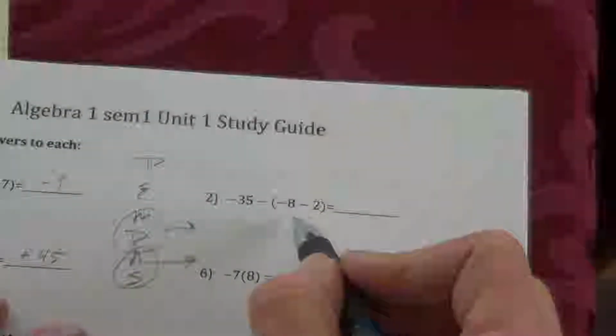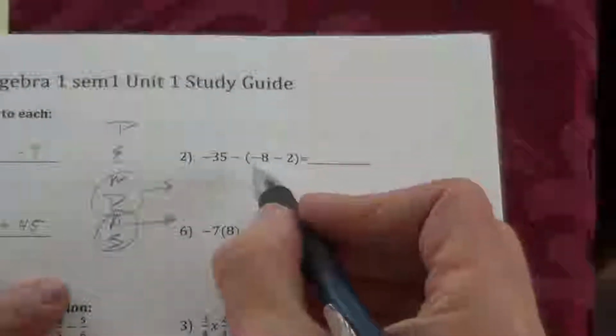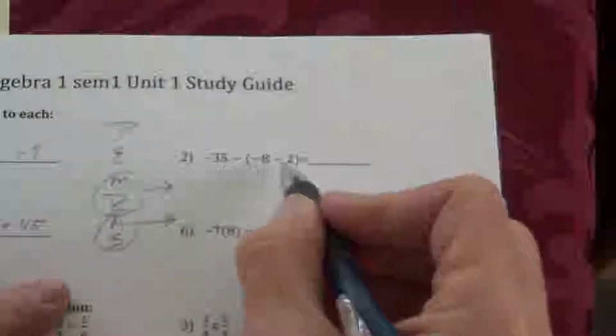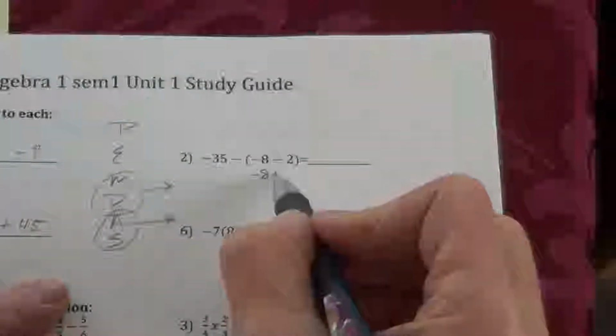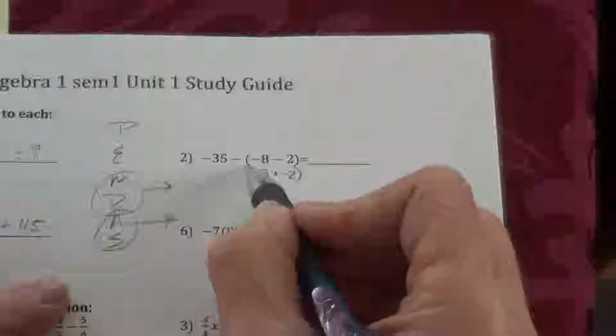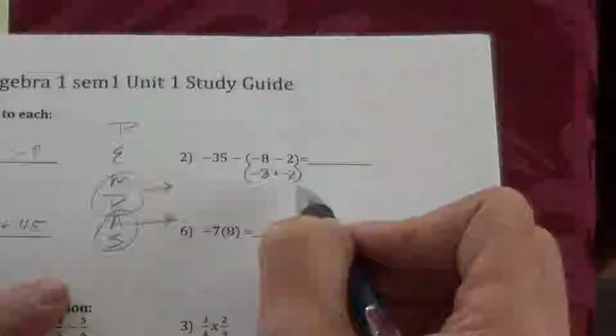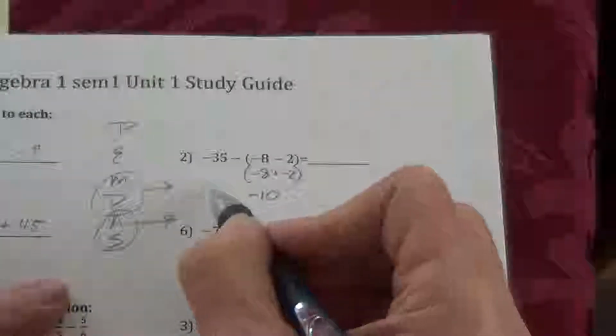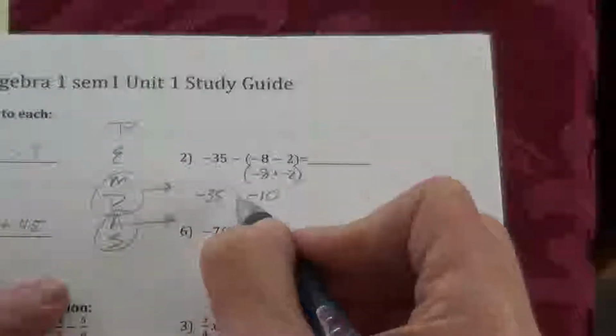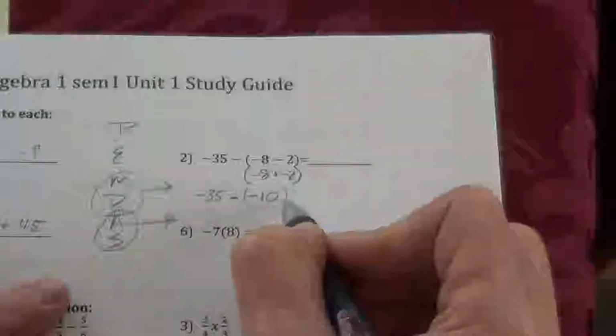Here we go. The parentheses, we have a -8 and a -2. I sometimes switch that to an addition problem. It's -8 plus -2. The signs are the same, so we add them. That would become -10. Now we have a -35 minus a -10.